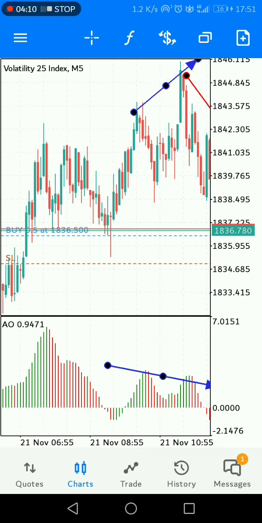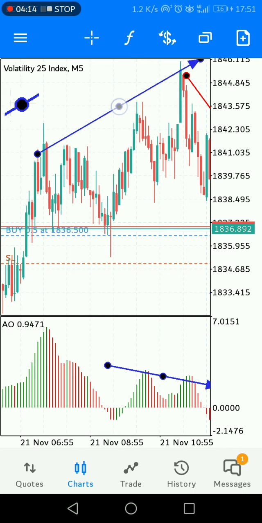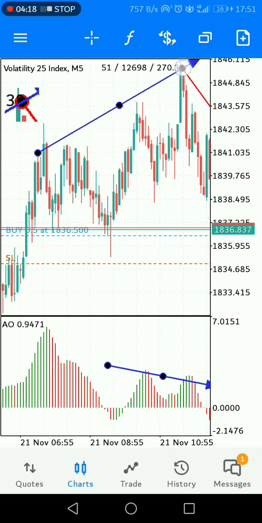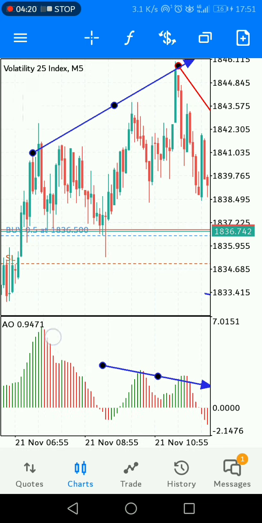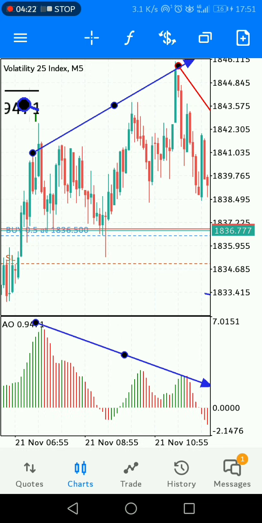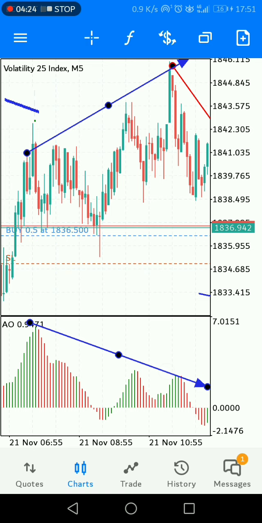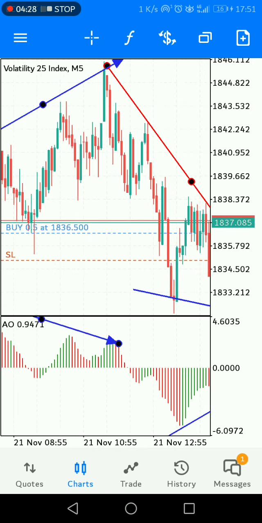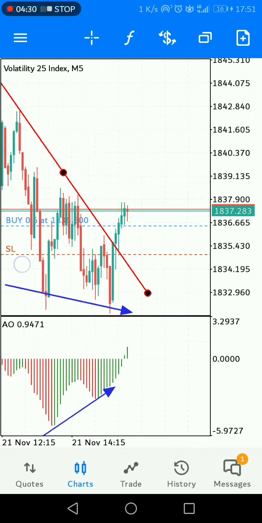Even if you start from this point right here, you can see from this point to this point, the prices were going up because we have a higher high at this point. But on the awesome oscillator, you already see that from here to here, it's going in a downward direction, and that's where we get all this reversal that came right here.